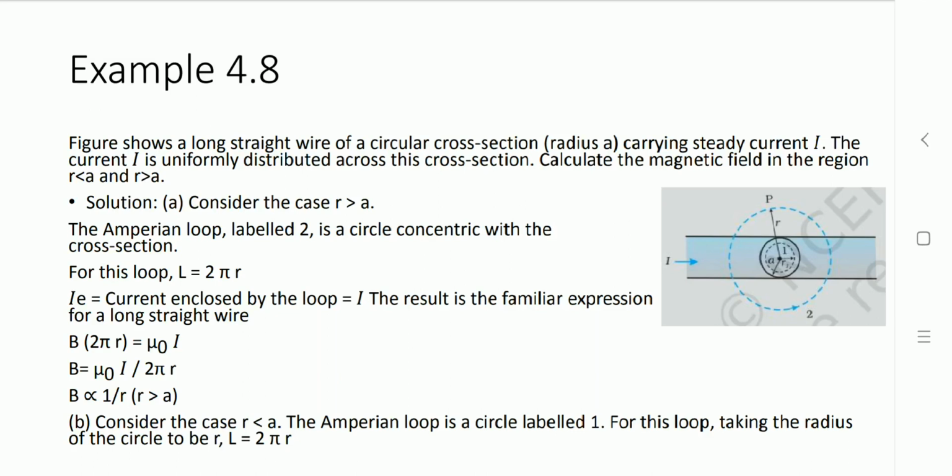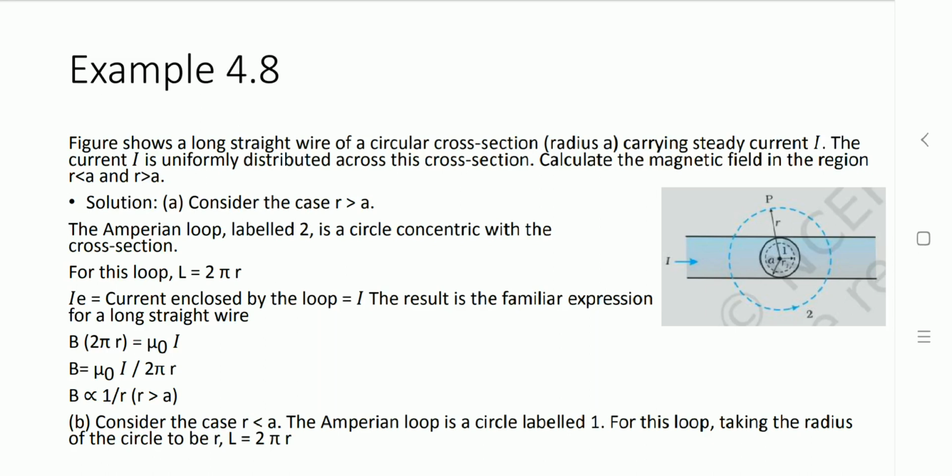Since the current distribution is uniform, the enclosed current IE equals I pi R square upon pi A square, that is the current with respect to pi R square for the given conductor area pi A square.